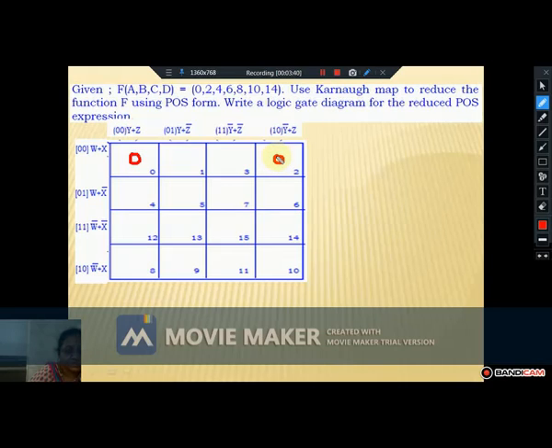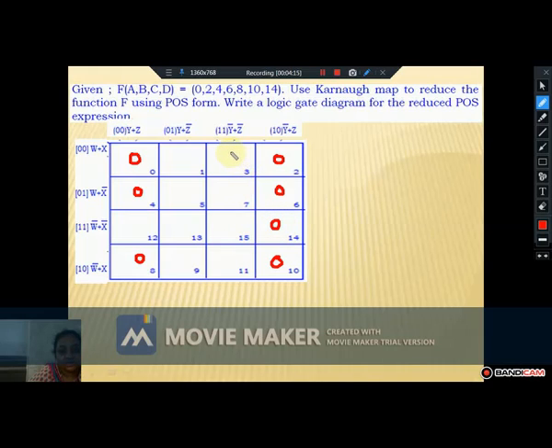Then we have 4, then 6, 8, then we have 10, then we have 14.